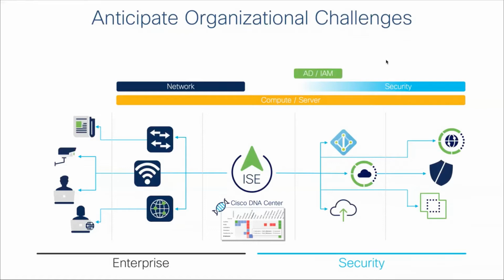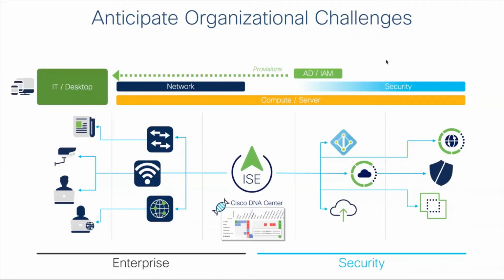We also have other groups like the Active Directory or identity management team in there. We may have that team actually being responsible for provisioning all of your endpoints, your desktops, making sure they have the right software, the right packages, the right agents, right? A lot of times that's provisioned by Active Directory group policy objects.